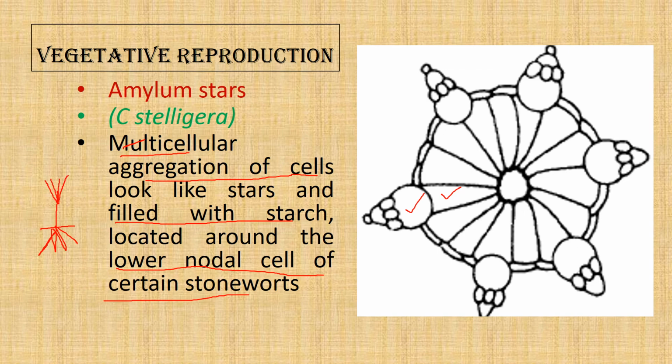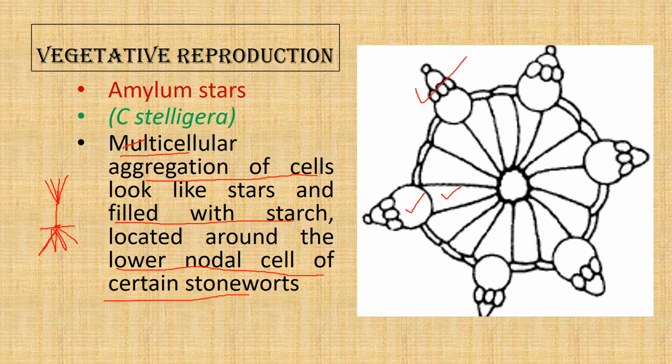So this is the basal node from where the rhizoids appear, and here we can see this type of structure, the star-shaped structure. This is not a single cell but an aggregation of cells.